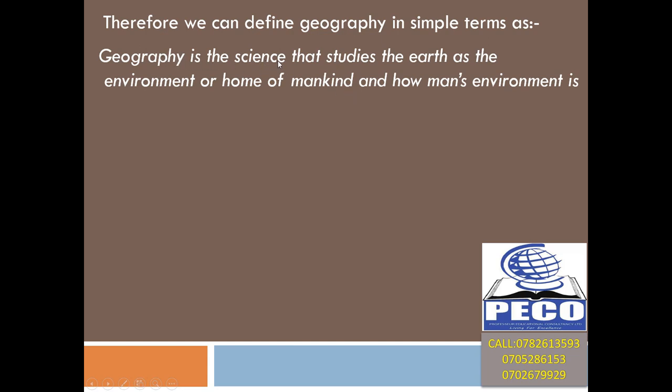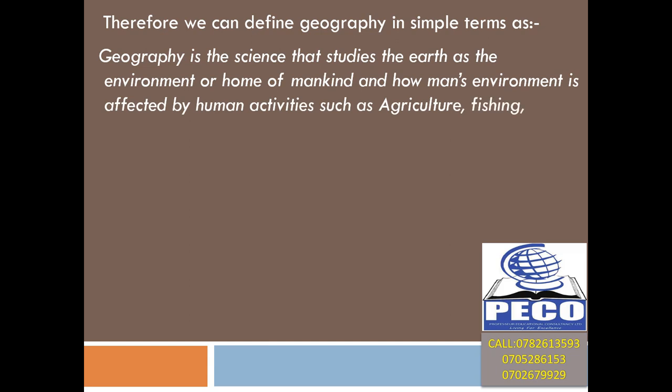And what did we say an environment is? The surrounding of man, or a home of mankind, and how man's environment is affected by human activities, such as agriculture, fishing, quarrying, tourism, road construction, and others.